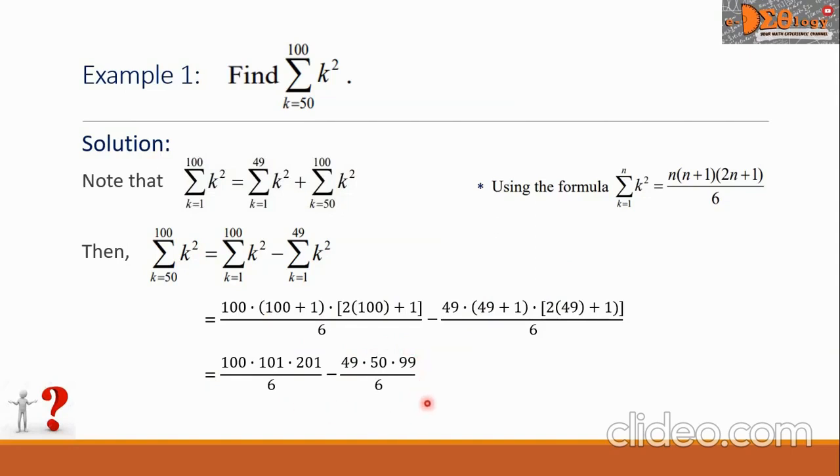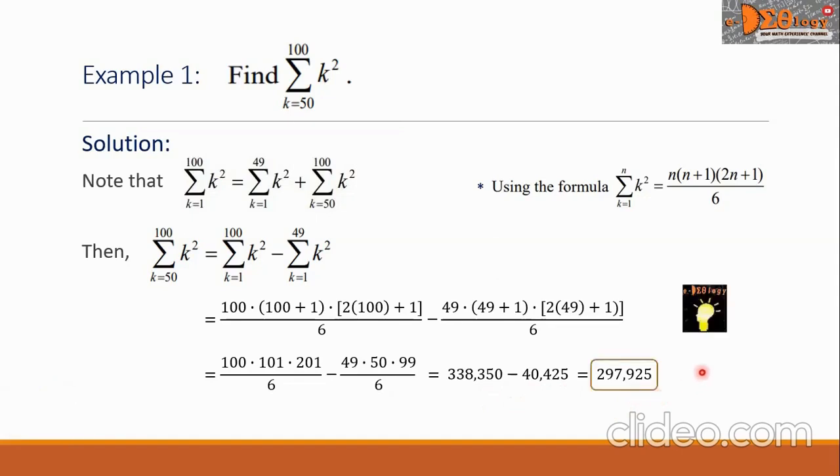Simplifying the fractions, we will have now this first fraction equivalent to 338,350, minus the second fraction, which is equal to 40,425. And the difference is 297,925. This is the final answer.